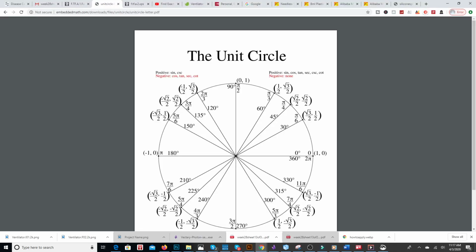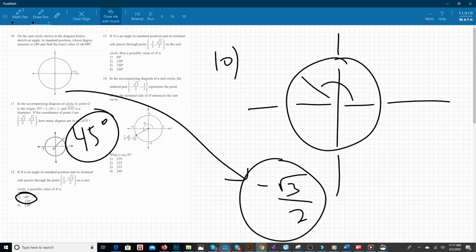So we're looking at 120 degrees. Again, I'm just looking at the reference chart. I believe they do give you this in the regents. Sorry, 120 is the answer.